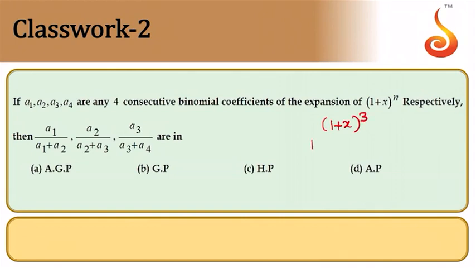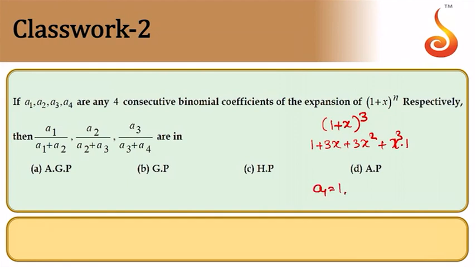So A1, A2, A3, A4 are 4 consecutive binomial coefficients of the expansion 1 plus x to the power n respectively. In this case, you can take a small example. 1 plus x to the power 3 you take.